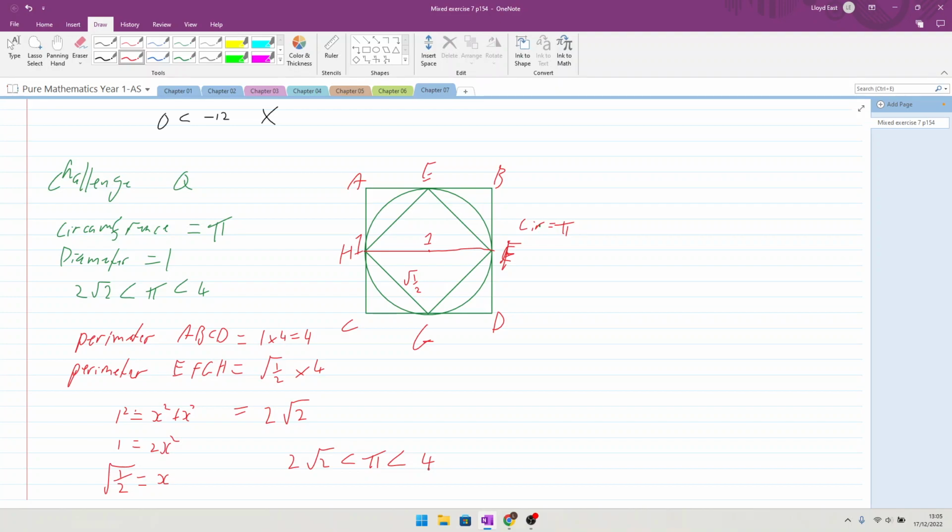By putting regular hexagons inside and outside of the circle. So presumably, if we have a hexagon, do I have a hexagon shape? Of course not.